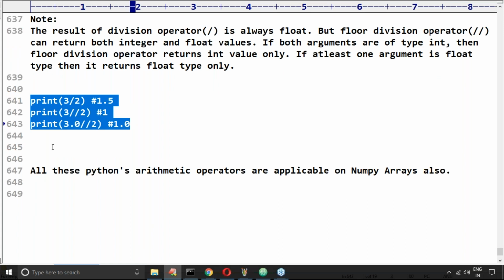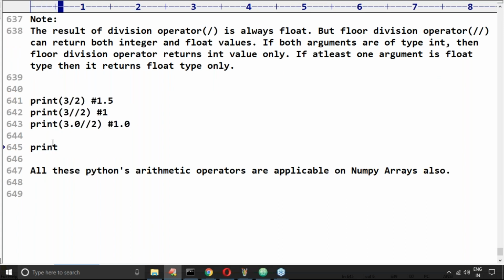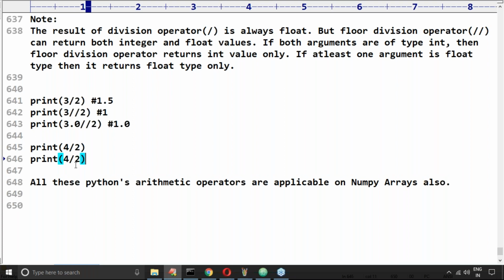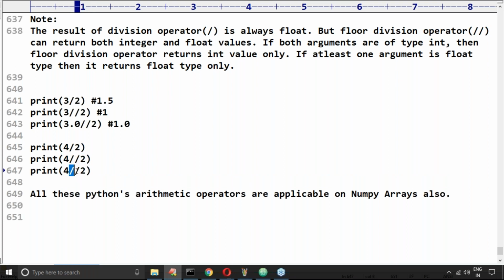Next, if you observe, print 4 by 2, 4 floor division by 2, and 4.0 floor division by 2. Anyone, can you please tell what answer we are going to get for 4 by 2?